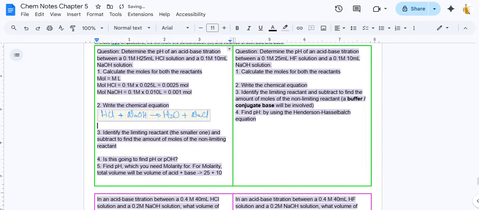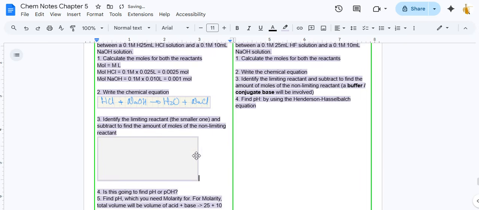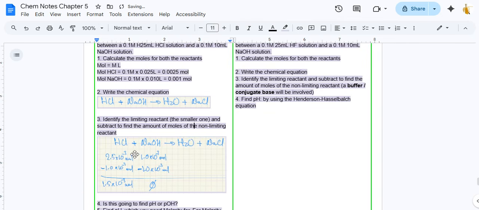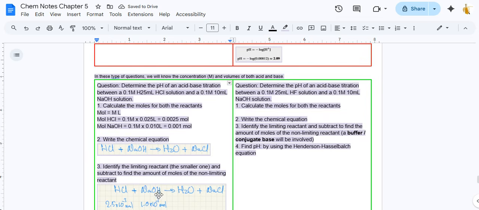And now third step, we identify the limiting reactant. We know there are that amount of moles for HCl and that amount of moles for NaOH. So what would be the limiting reactant?